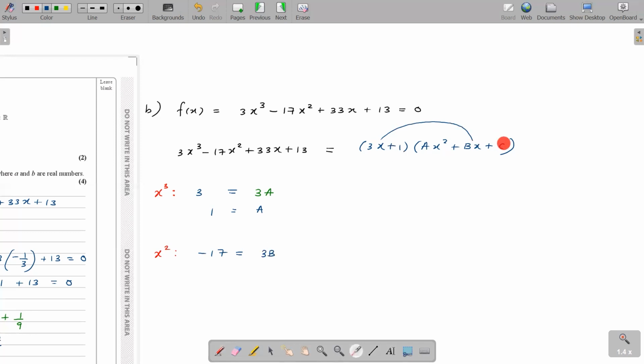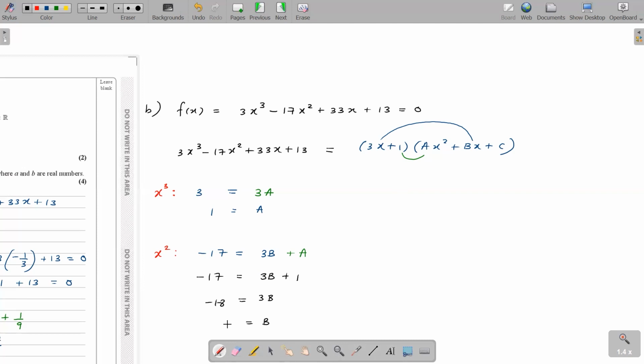Okay, and then 3x into c, I don't get x squared. 1 into ax squared is ax squared. So plus 1 ax squared. Do I get any other x squared coefficients here? No. So I get here minus 17 equals 3b plus a, and a is 1. So 3b equals minus 17. The plus 1 comes as minus 1. 3b equals minus 18.